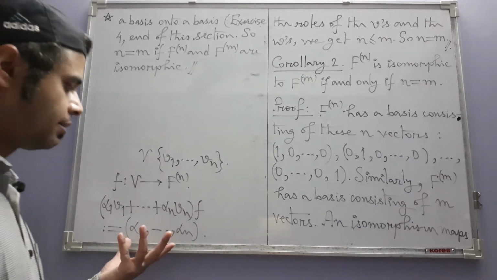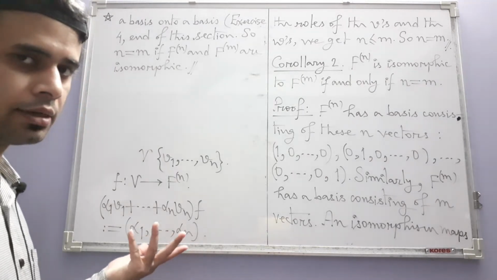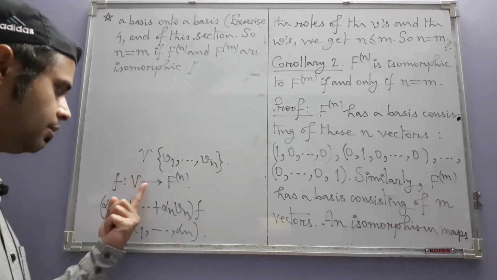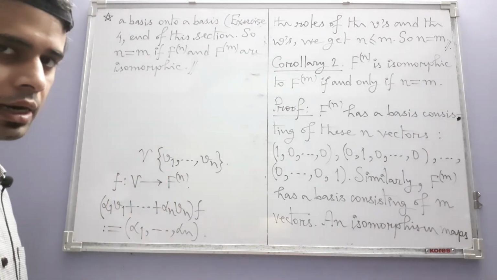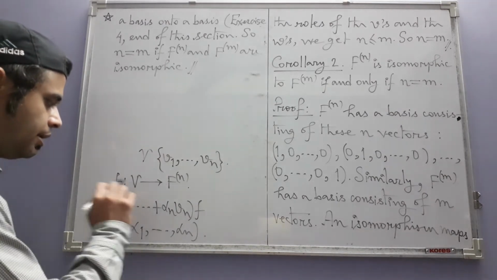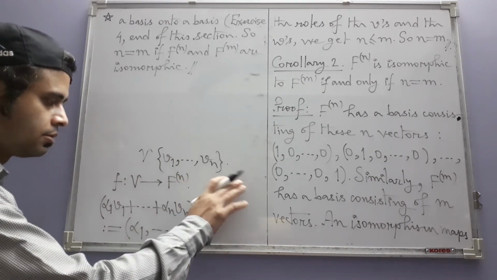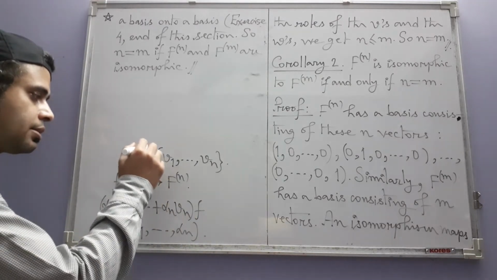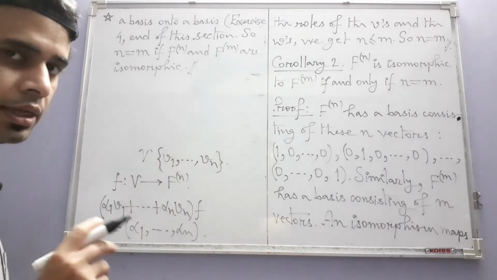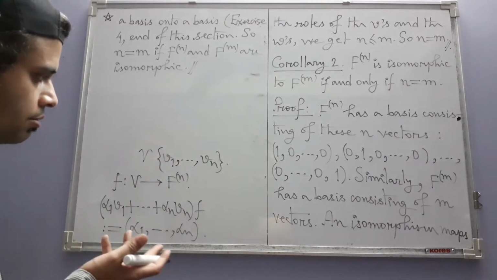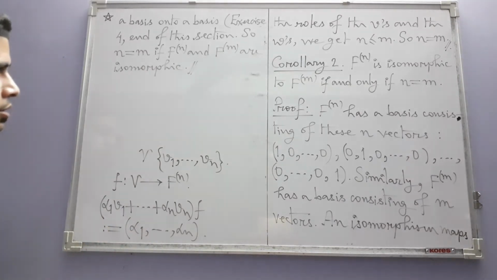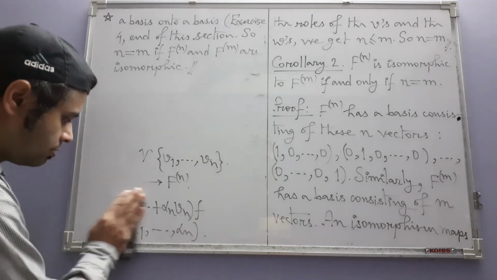Okay, and we showed, or I think mentioned, it's in fact quite easy to show that this f is an isomorphism of V onto Fn. So V and Fn are isomorphic, and then we said that there is the possibility that V and Fm are isomorphic. Maybe V has another basis consisting of m elements, and then that question arose: under what conditions are Fn and Fm isomorphic. So now we know that they are isomorphic precisely when n is equal to m.